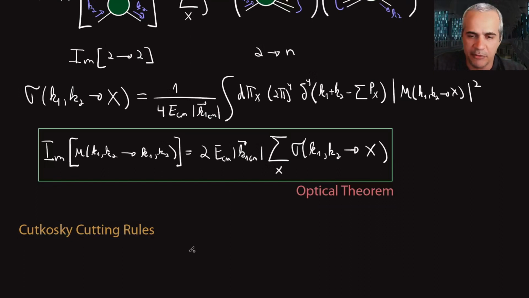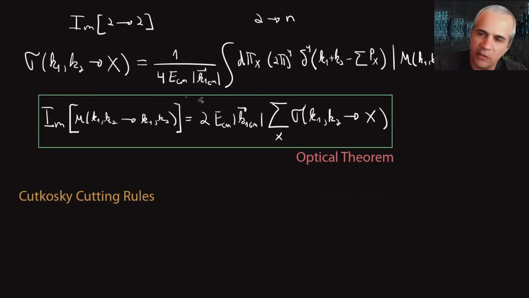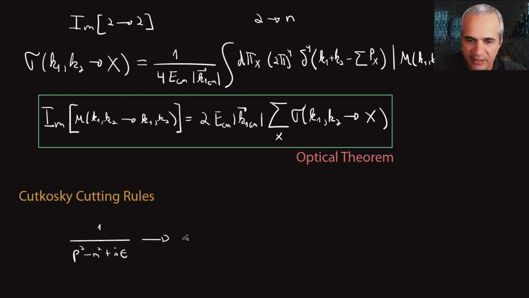Cutkosky cutting rules, right? And it consists in looking for propagators inside those loops and exchanging the propagators, right? So you just replace propagators by Dirac deltas with the proper normalization, right? But you're forcing those particles on the mass shell, right?